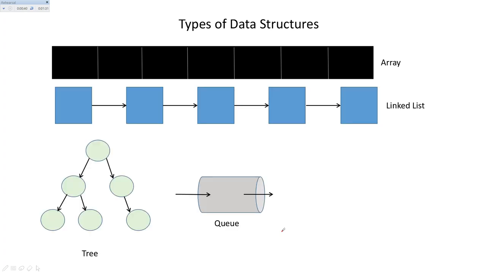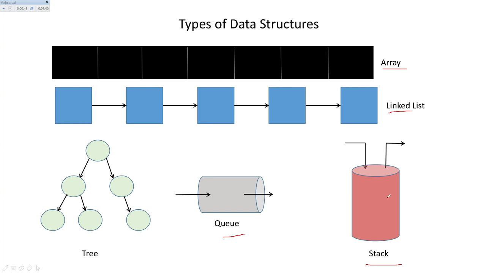So if you see in this, basically array, linked list, queue and stack come into the category of linear data structure. If you see the linked list, it will be easy for you to understand. Here you can see one element is connected to another element. So we can directly call it a linear data structure.